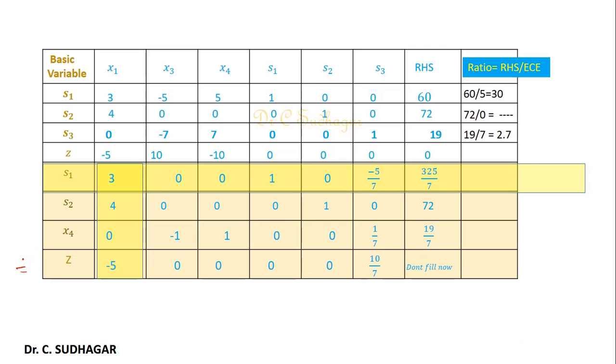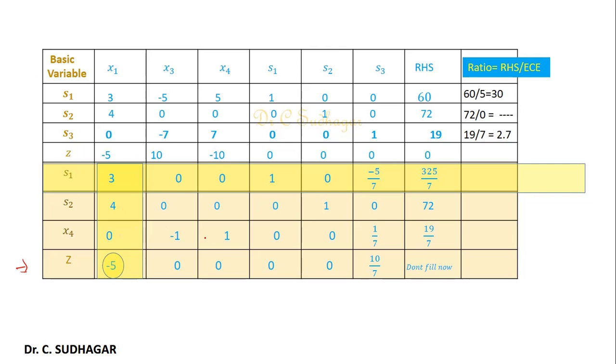If you are getting all the numbers as positive numbers, that means the process is finished. But what happens here, again we are getting a negative number. If you are getting a negative number, that means it is still possible to improve the solution.